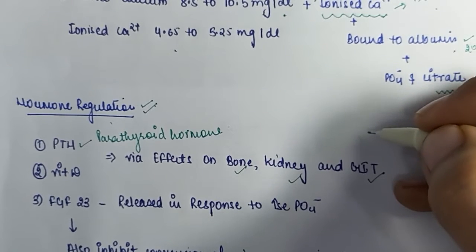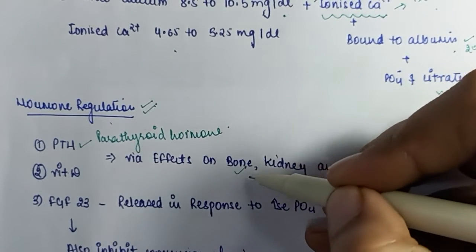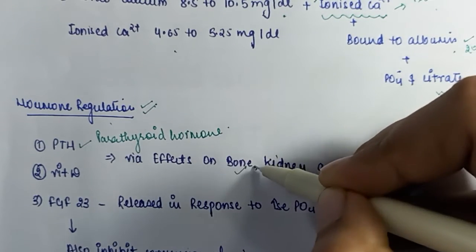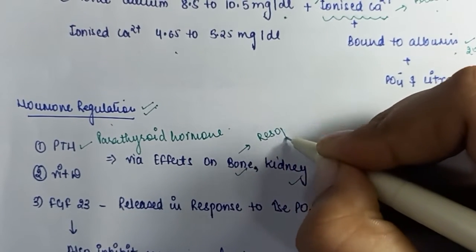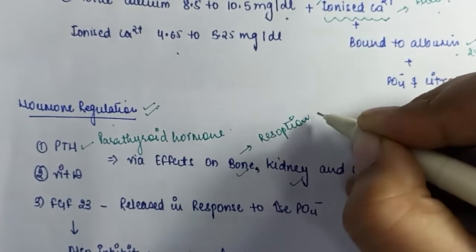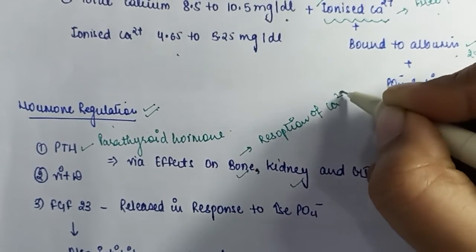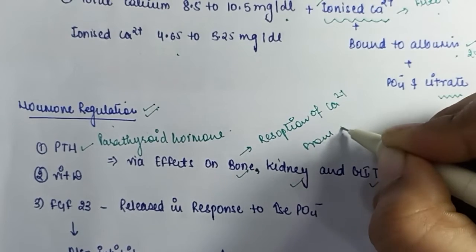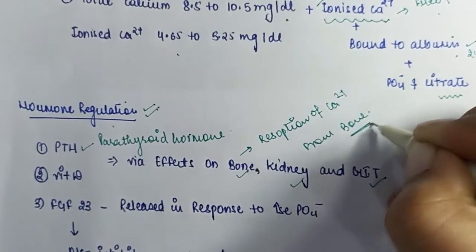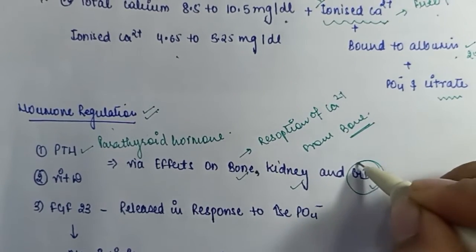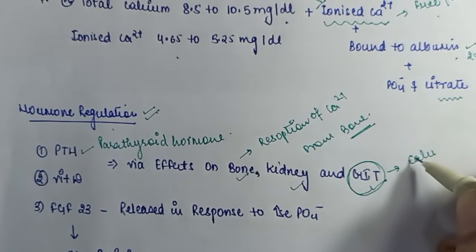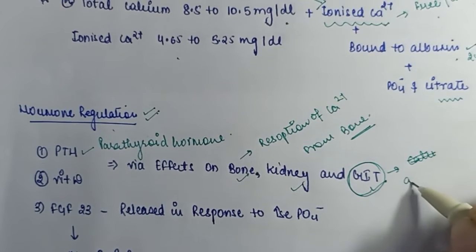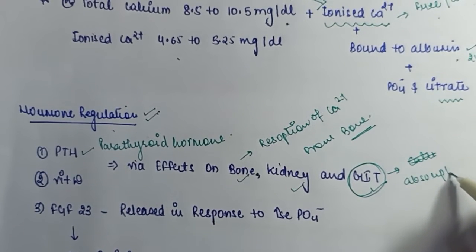So if there is hypocalcemia, PTH increases bone resorption, resulting in an increase in serum calcium levels. So it will result in increased resorption of calcium from bones. Secondly, it increases the absorption of vitamin D3 from the GI tract.